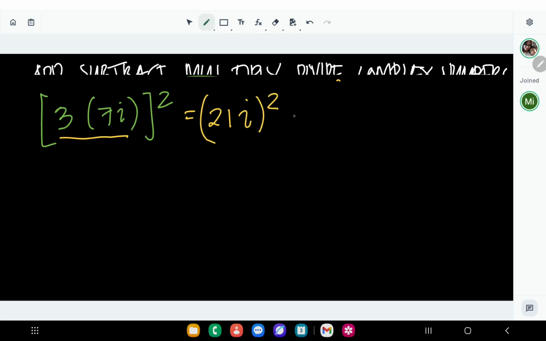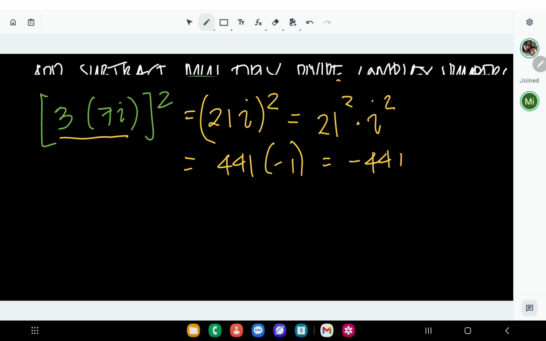Then squared. So this would become 21 squared times i squared. What is 21 squared? This is 441. i squared is negative 1, so this is negative 441.